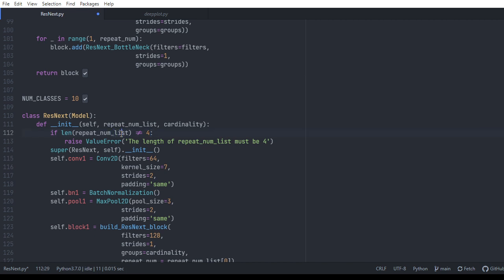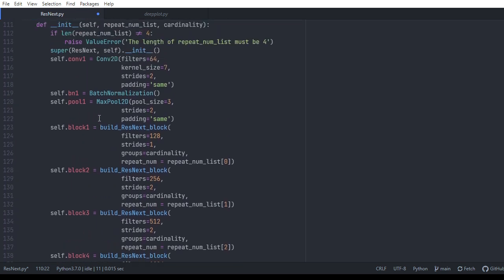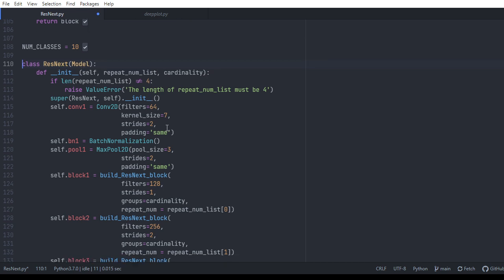We know that the list of values that make up the ResNet, or rather in this case the ResNext, is of length 4, such as 3 4 6 3, or maybe 3 4 23 3. So whenever it's not equal to 4, then raise an error and cancel the operation.